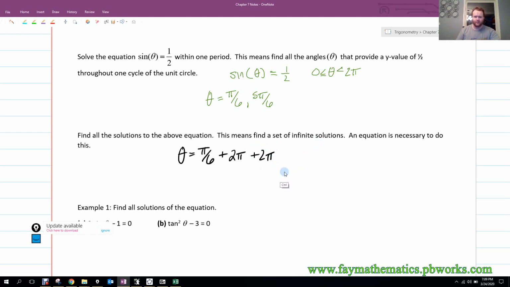So usually what we do is we say we're going to add 2 pi. Now they use n or k. I like to use k. So we say pi over 6 plus 2 pi k, where k is an integer. And that will then give you all of your other solutions.